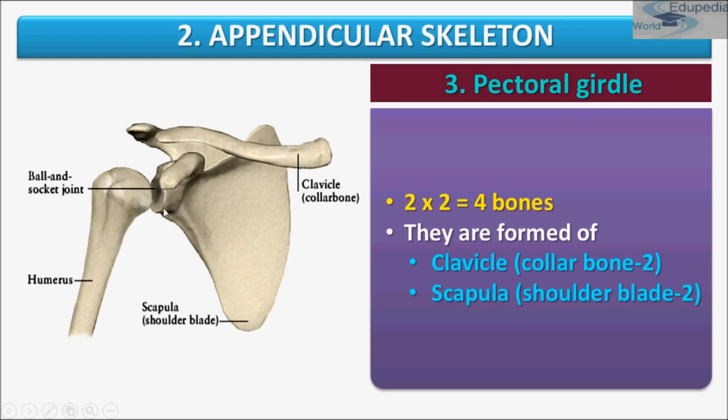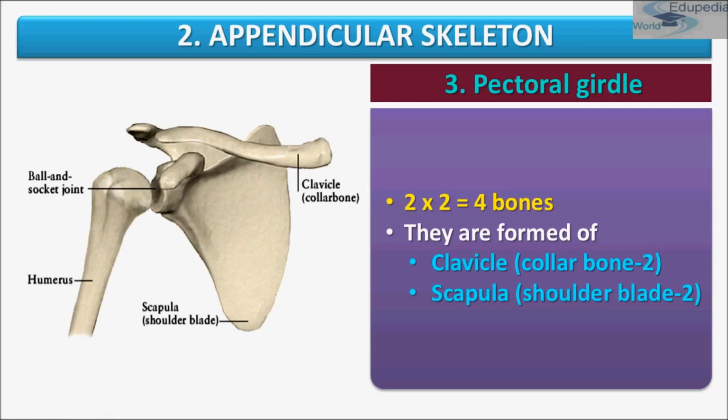In my next presentation I'll be teaching you the types of joints, but for the time being just know that these are ball and socket joints, between the humerus, a bone of a forelimb, and your pectoral girdle. The clavicle is 2 in number and the scapula is also 2 in number.